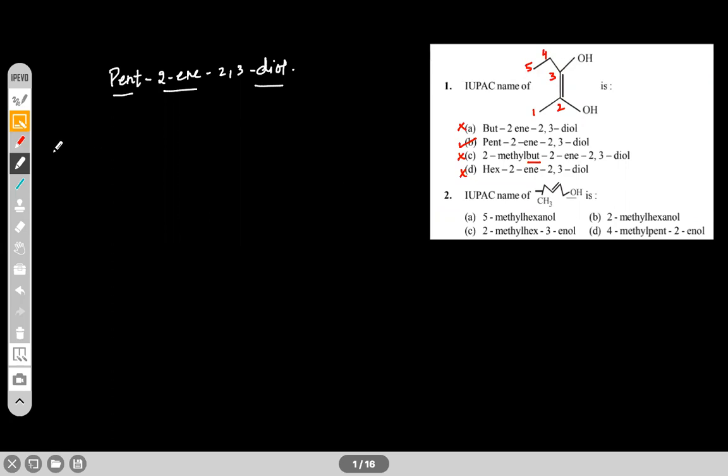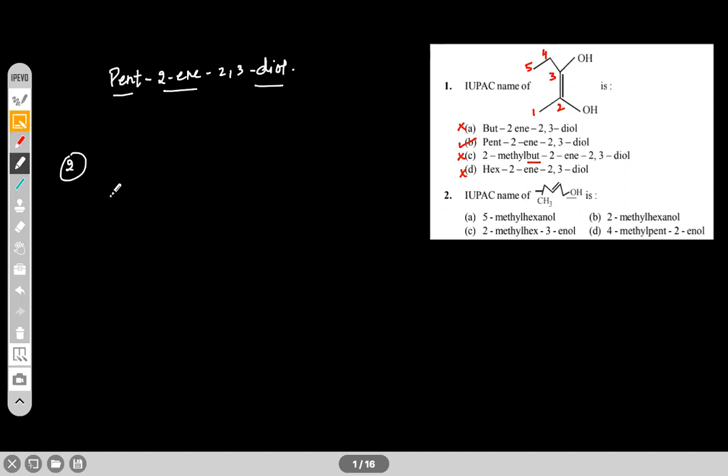Now, question number 2. 1, 2, 3, 4, 5. So for the longest chain, let me draw the structure here. The structure is like this.